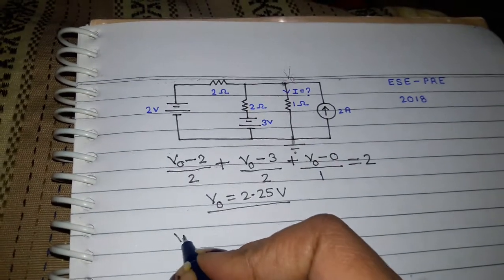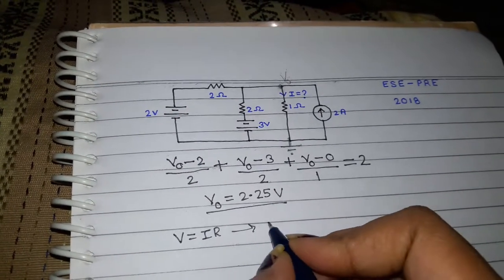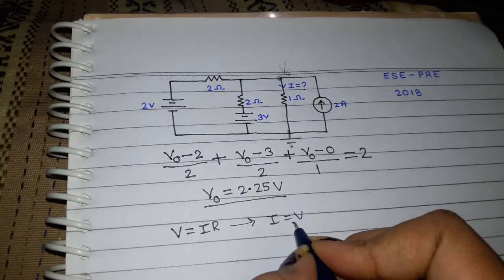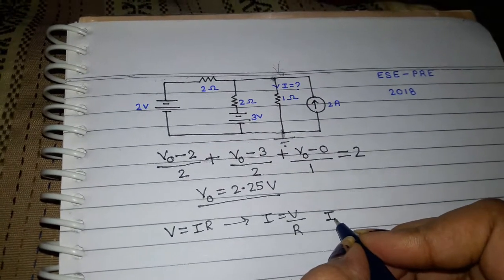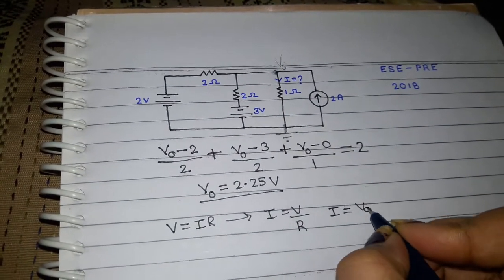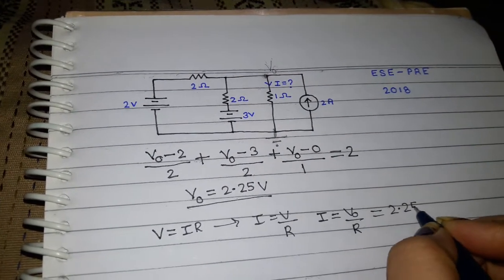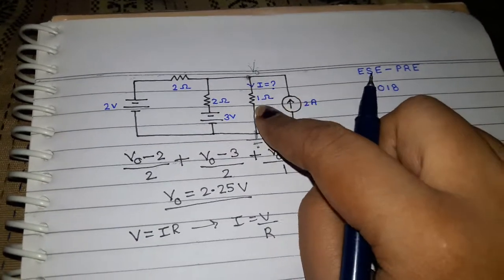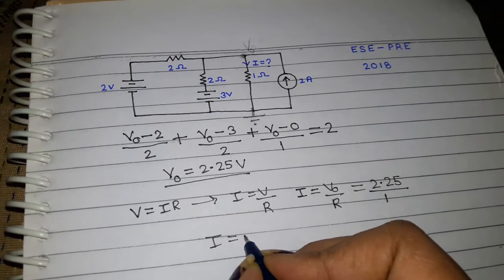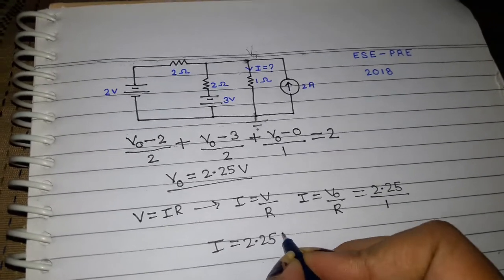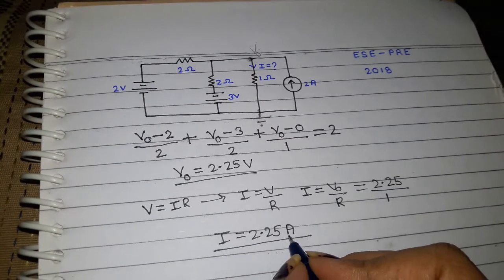You know from Ohm's law that V equals I into R, and I equals V upon R. In this particular scenario, your required current is V naught by R. The value of V naught is 2.25 and the value of resistance is 1 ohm. Hence the required current is 2.25 amperes.